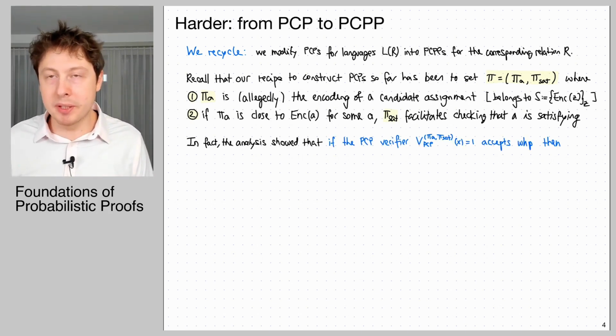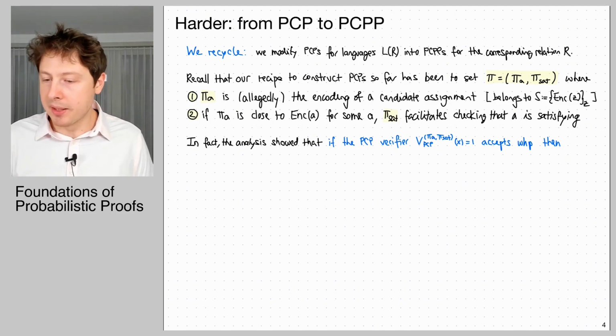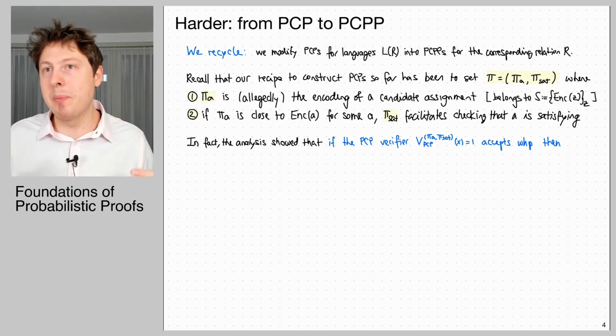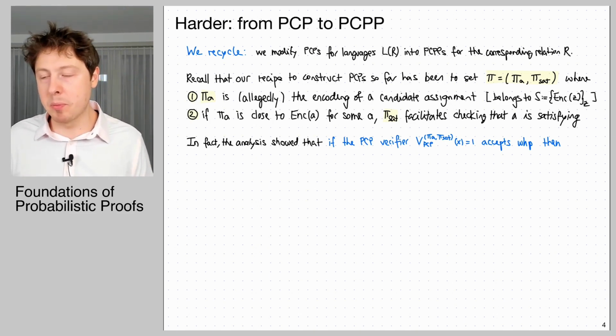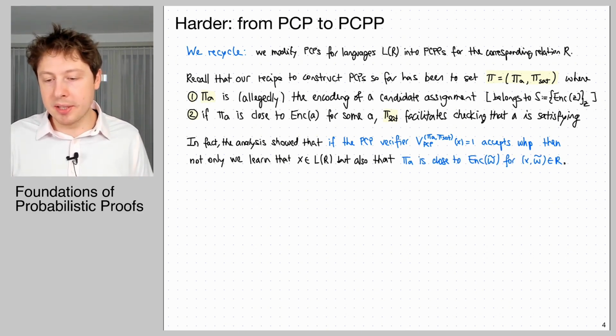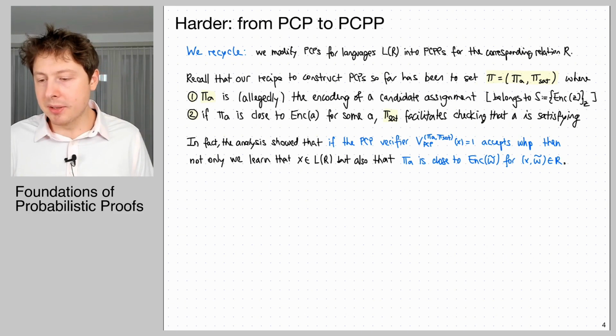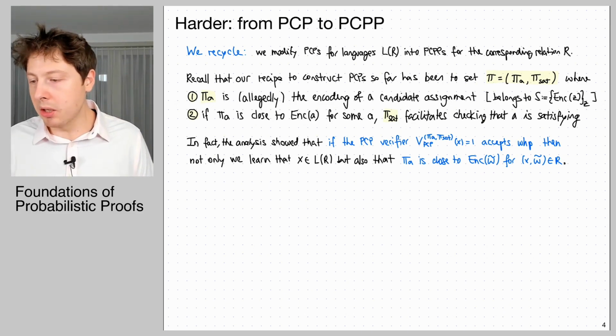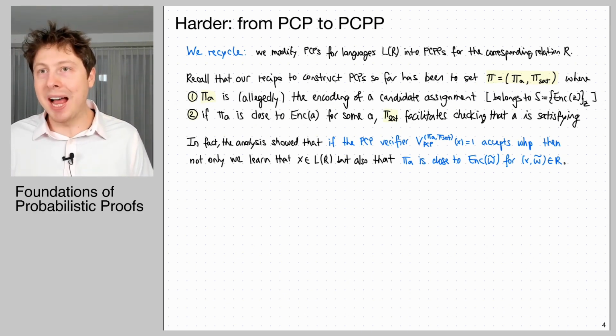It showed a property that goes something like this: if the PCP's verifier accepts with high enough probability, above the soundness error that we proved, then what we actually learned from those soundness analyses was not only that X is in the language, therefore we cannot be in the soundness case, but also specifically that this first piece of the PCP was close to an encoding of a valid witness, okay? That was actually what we showed in all of those soundness analyses.